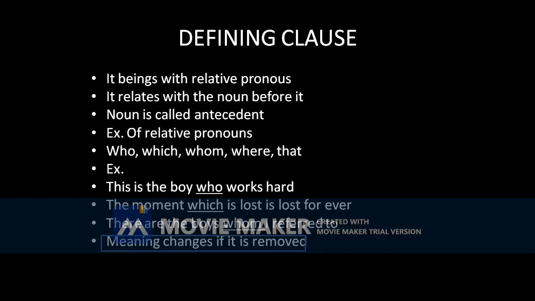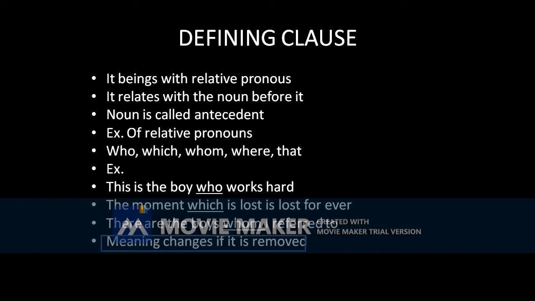In the same way, the moment which is lost forever. Here, which is lost forever is a defining clause, and which is a relative pronoun, and this which is talking about the moment. It is modifying the words the moment. So which is a relative pronoun.